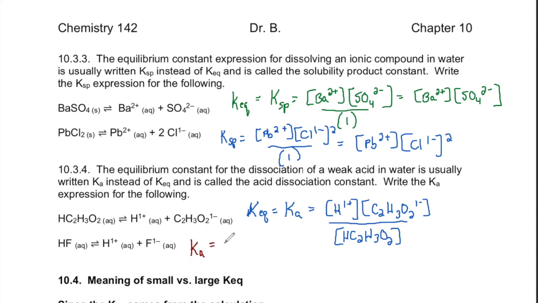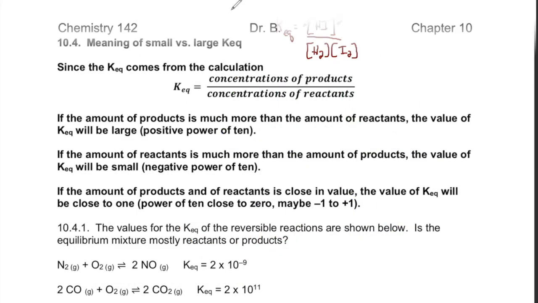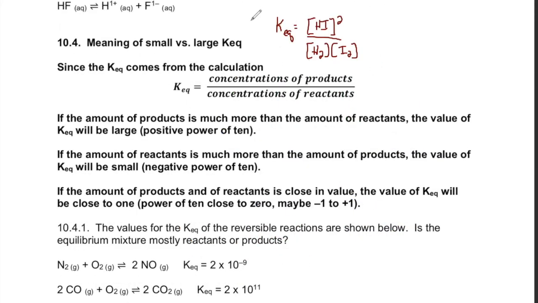And for this one, the acid dissociation constant would look very similar. I don't need any exponents here because there are no non-1 coefficients. And so we just have the hydrogen ion concentration times the fluoride ion concentration over the concentration of hydrogen fluoride molecule that stays together. Well, we've just learned how to write these equilibrium constant expressions.